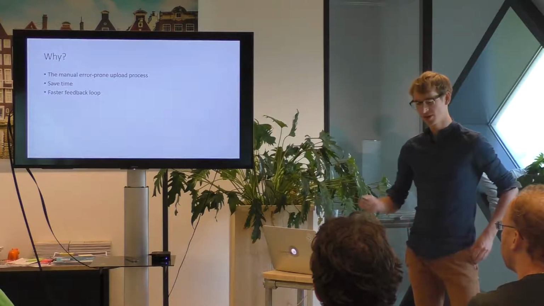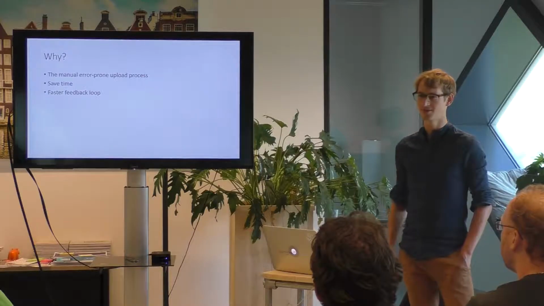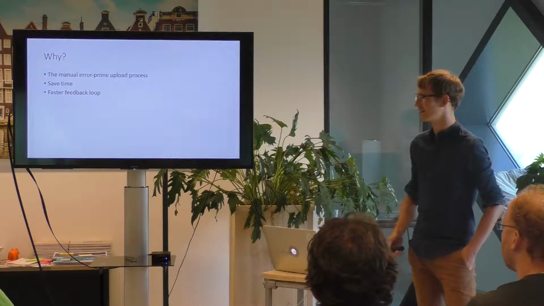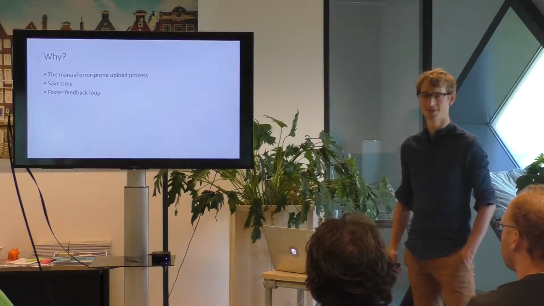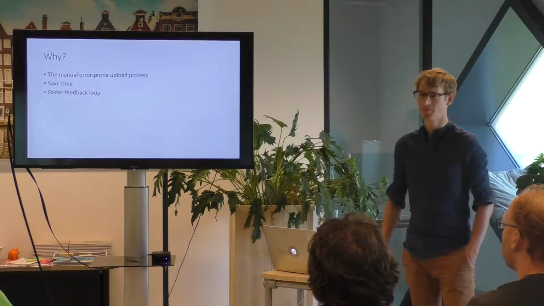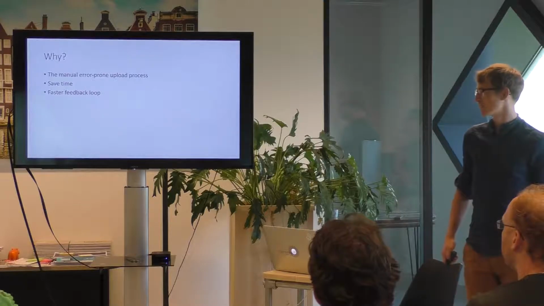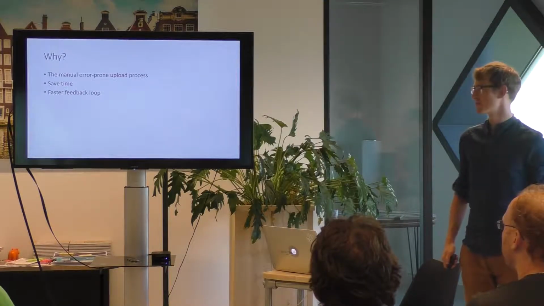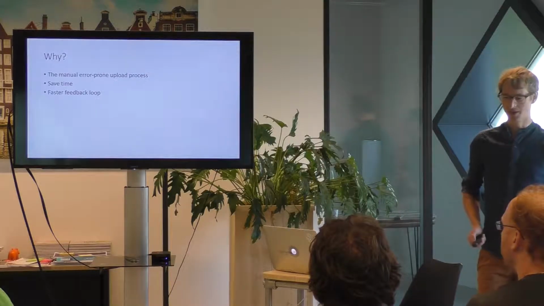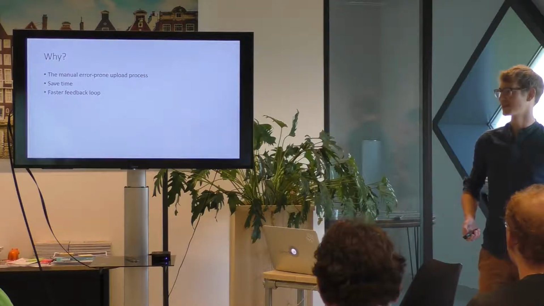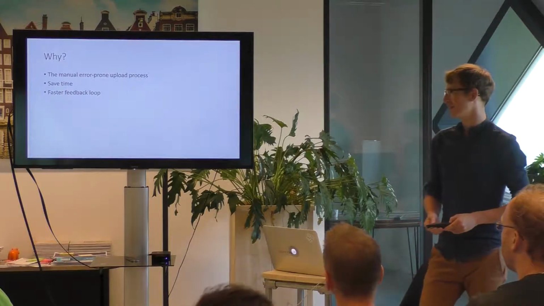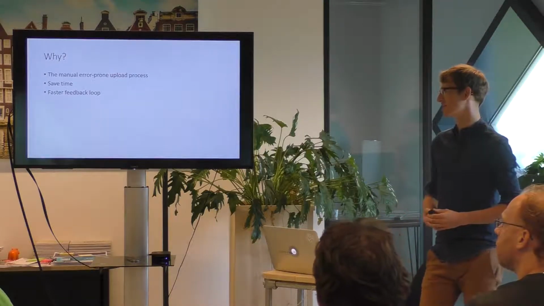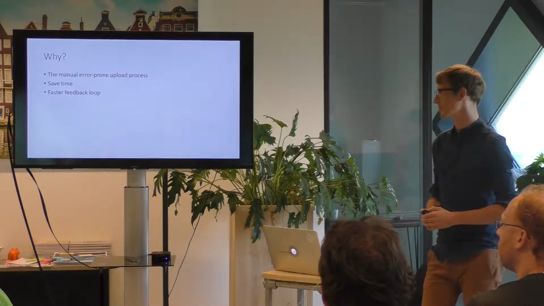And then the product owner just got the artifacts from Jenkins, downloaded them, and then used the Apple application uploader. I don't know if anyone used that before, but it's pretty crappy. So it took a lot of time, and also sometimes he just got the wrong build and then used the wrong artifacts, and then it's uploaded, and then so much trouble. Same for the Android builds. So our process was very error prone.